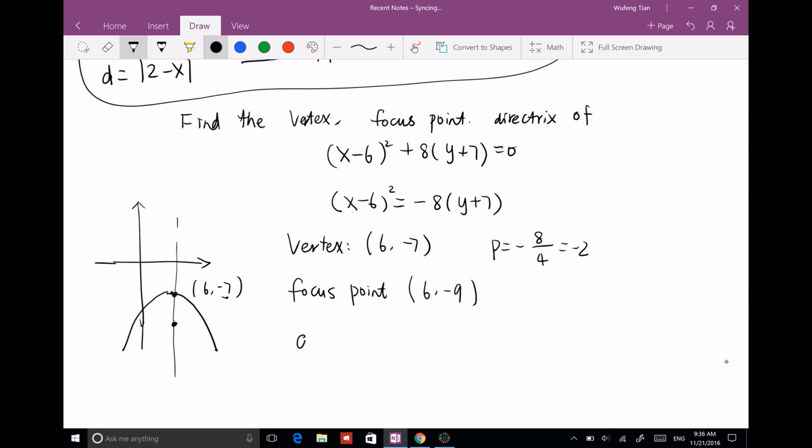So what is the directrix? Oh, the p equals -2. Directrix is a line. It's going to be here.